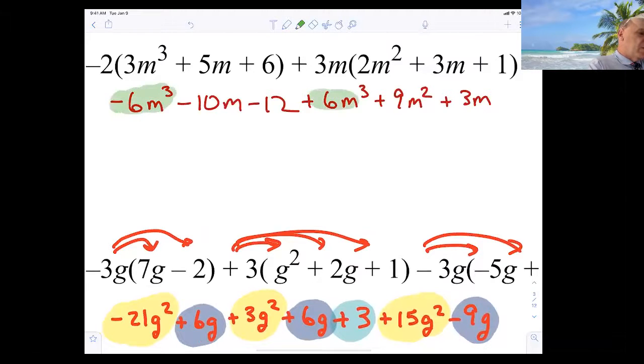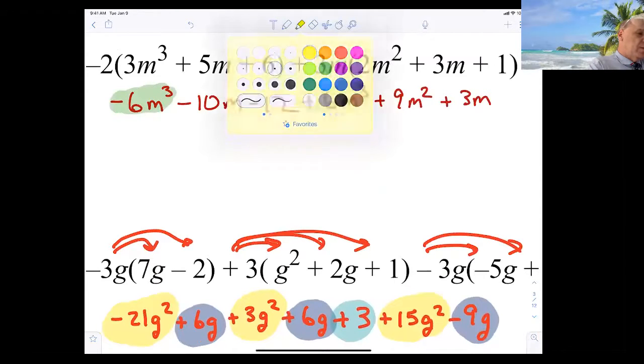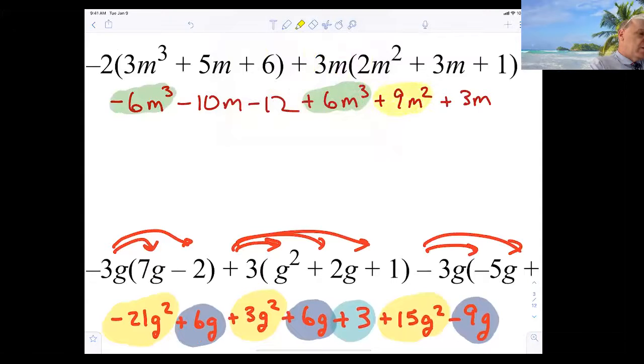What happened here? They cancel. Now it looks to me like just a what? 9m squared. Does everybody agree with that? Minus 7m.